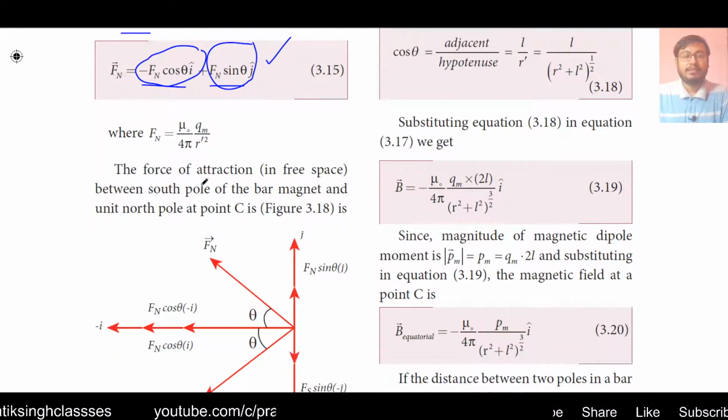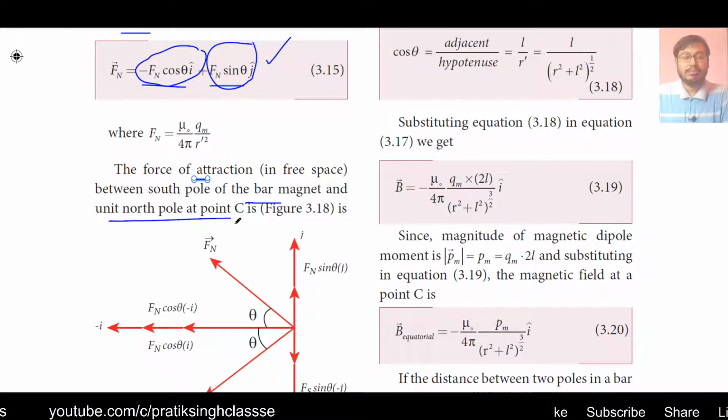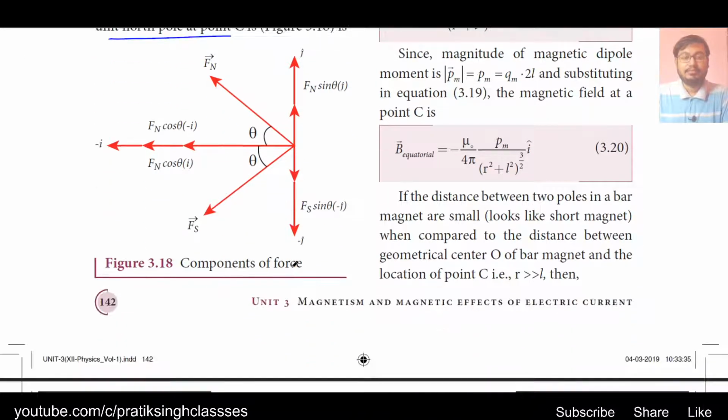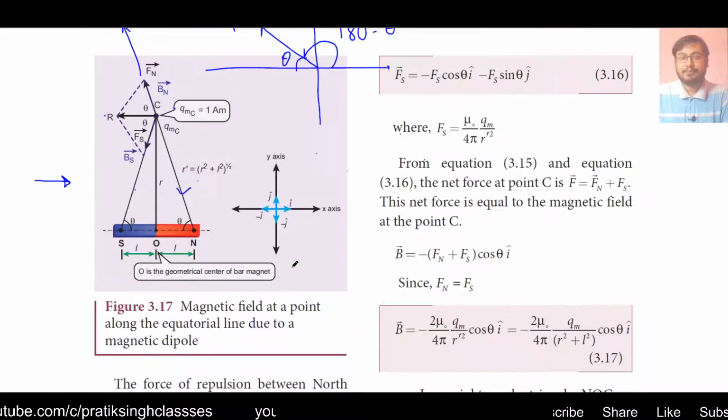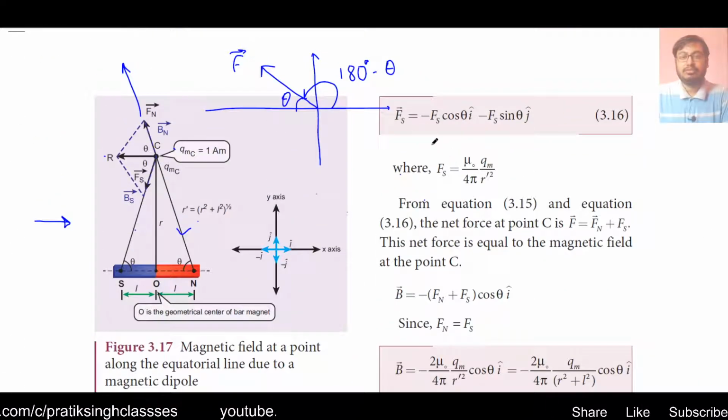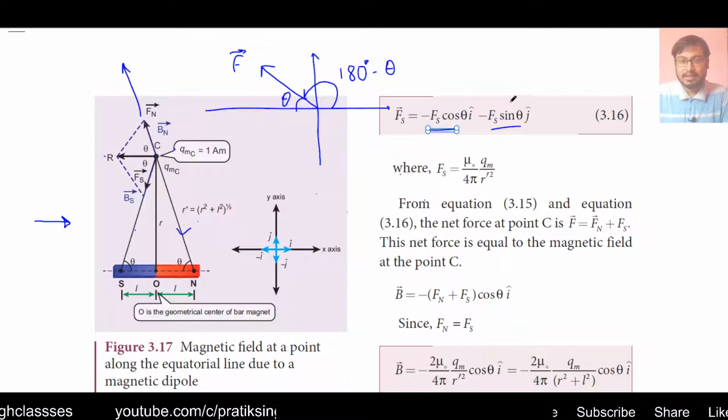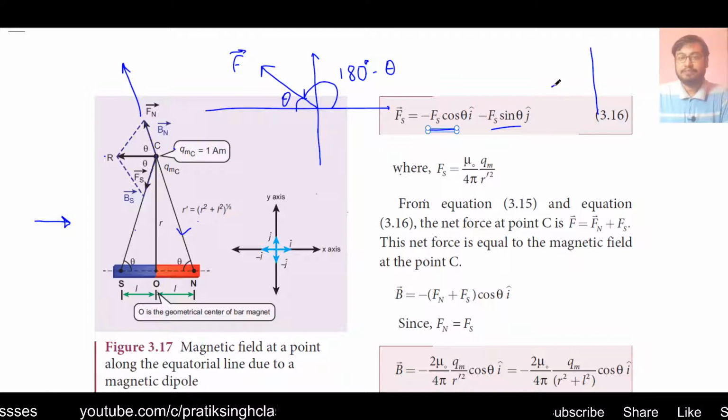Then the force of attraction in free space between the south pole of the bar magnet and unit north pole at point C will be given this way, that is Fs is equal to minus Fs cos theta i cap minus Fs sin theta j cap. Why has this happened? Because you have x axis, y axis, and this Fs.